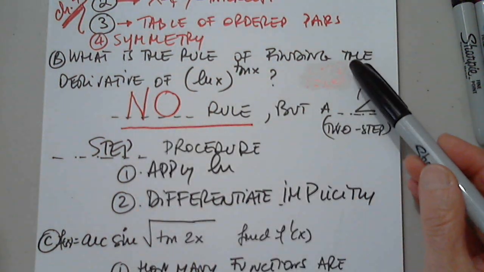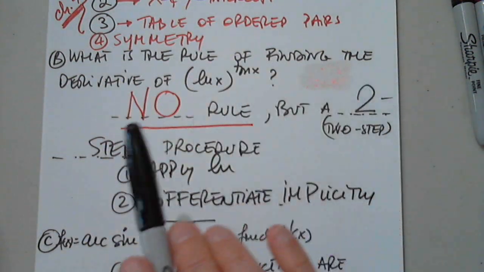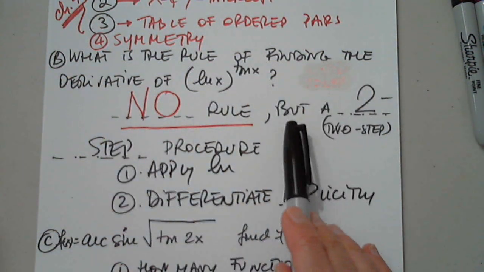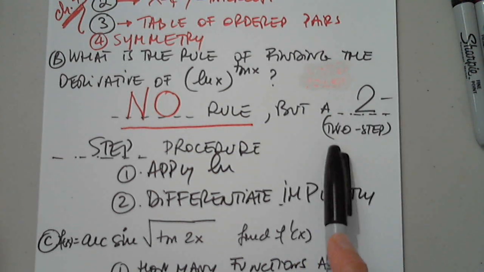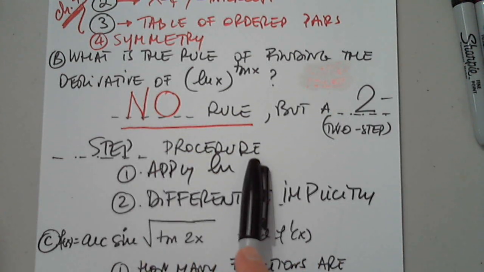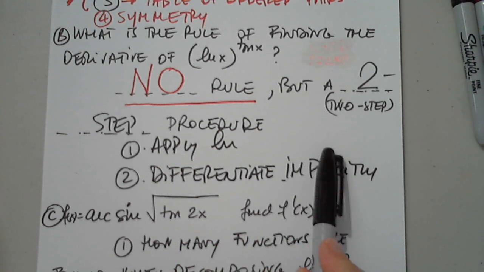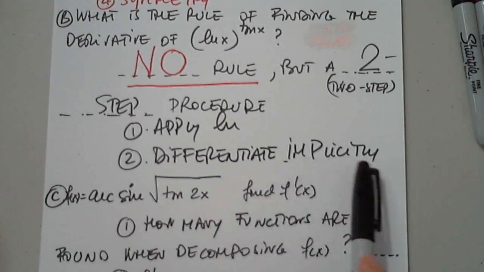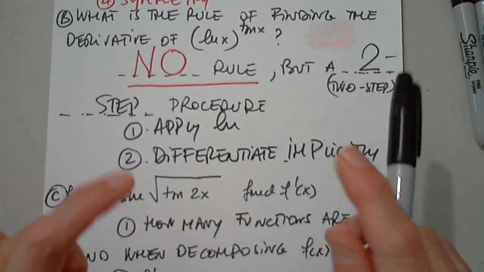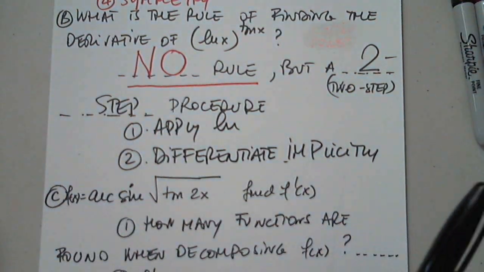We cannot apply the chain rule, we cannot apply the power rule, we cannot apply any rule we studied. But what we can apply is something called a 2-step procedure. First, we apply natural log to both sides. And number 2, we differentiate implicitly that equation by applying differentiation to both sides.